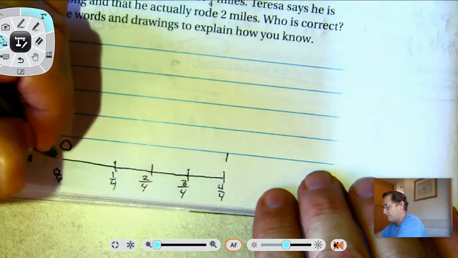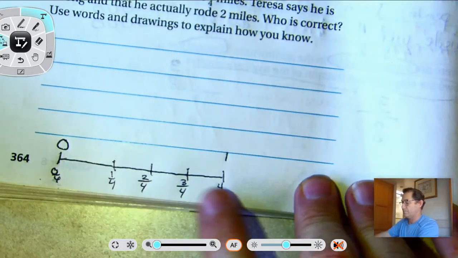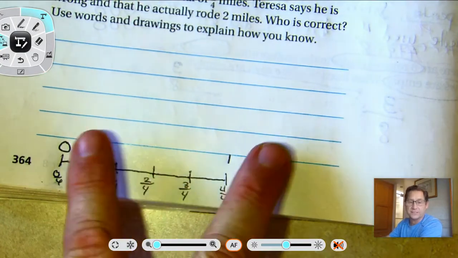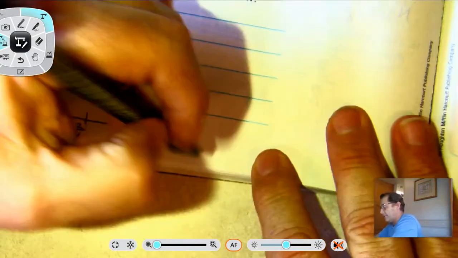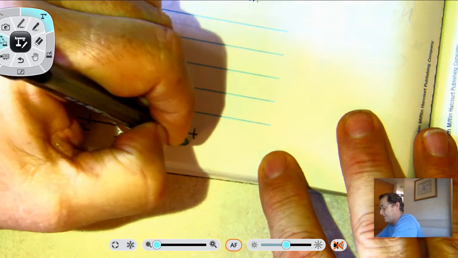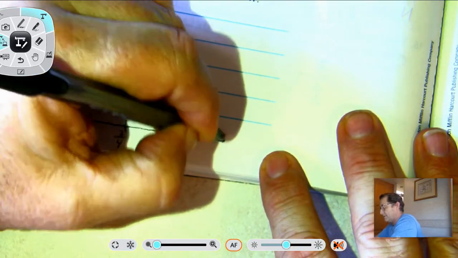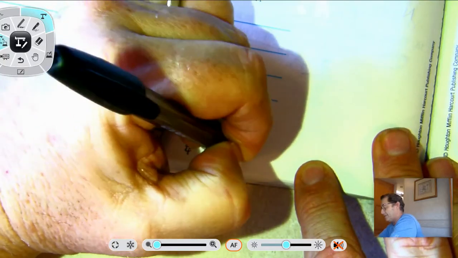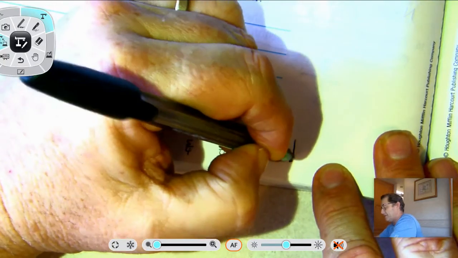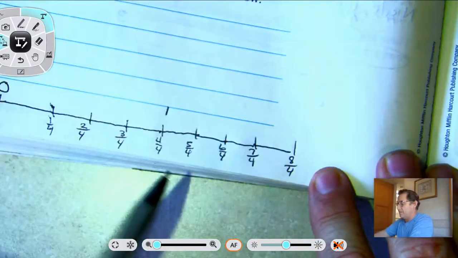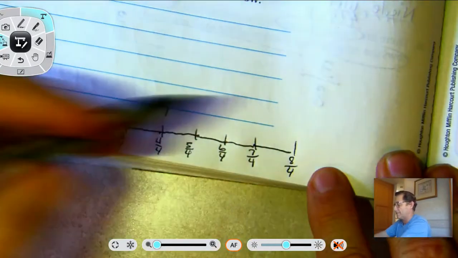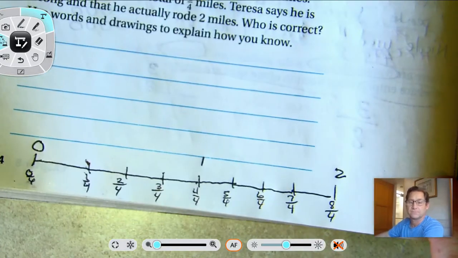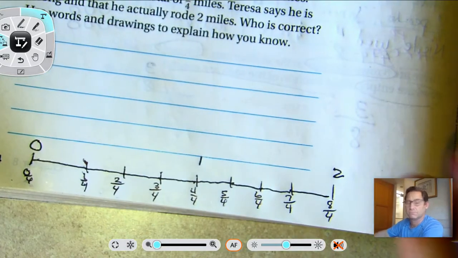Okay, so each part is each section or 4 sections in the 1 mile. Okay, so he kept going. Now he's at 5/4, and he rode a 6th time around. That's 6/4. He went around a 7th time, and he finished at 8/4. But there's another 1, 2, 3, 4 sections, so he's at 2. So they're both right.